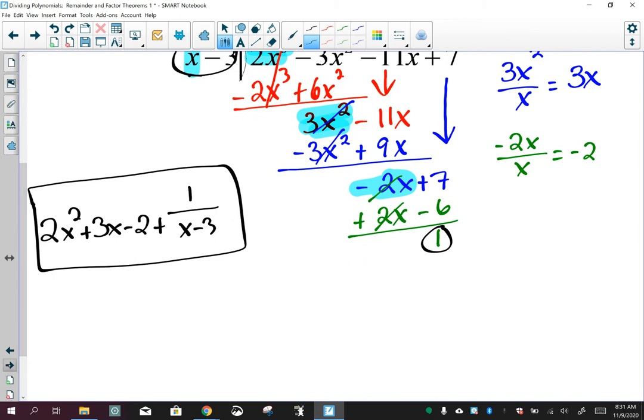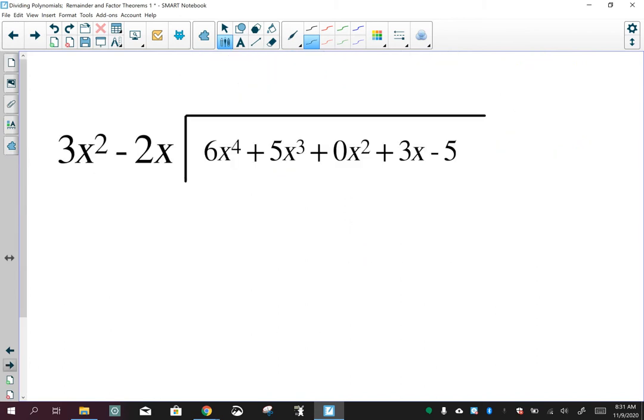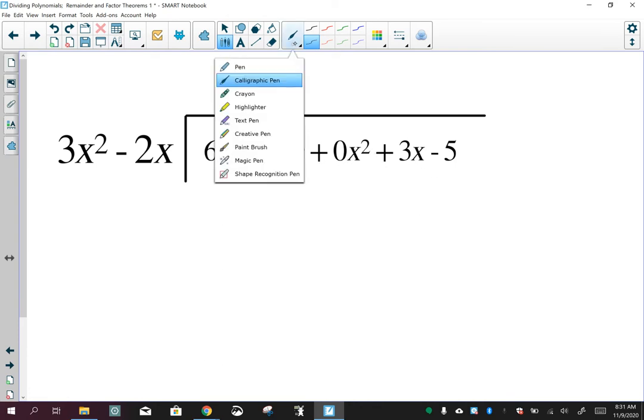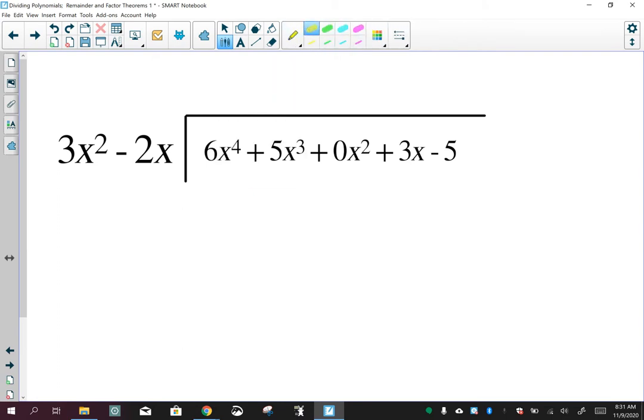So let's try it again. We're going to divide 3x squared minus 2x into 6x to the 4th plus 5x cubed. Notice the original problem didn't have an x squared, so I had to put in a placeholder. So plus 0x squared plus 3x minus 5. So again, the same thing.